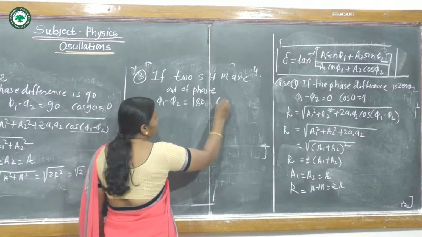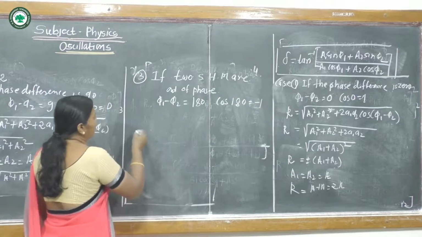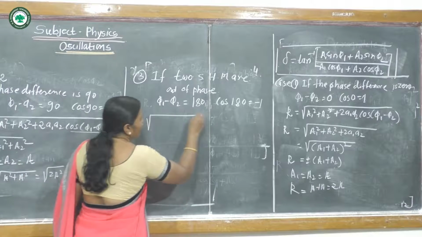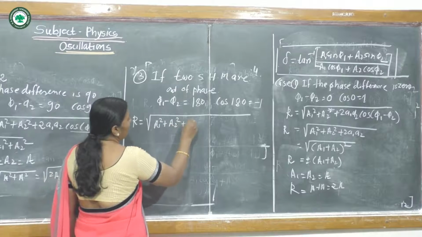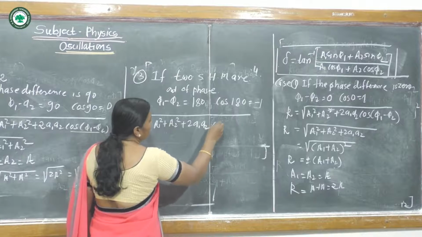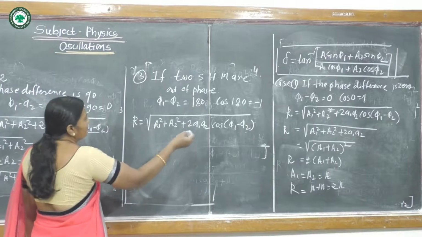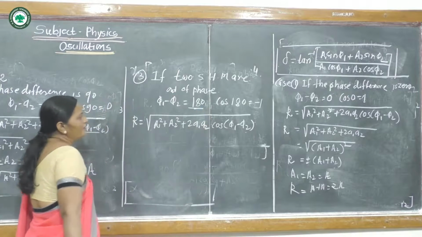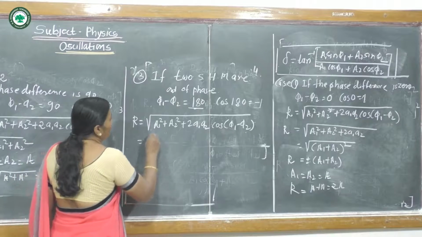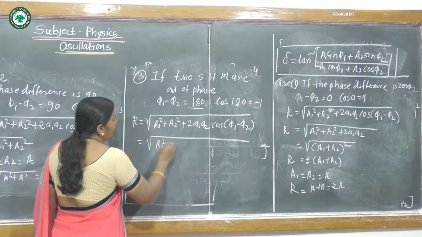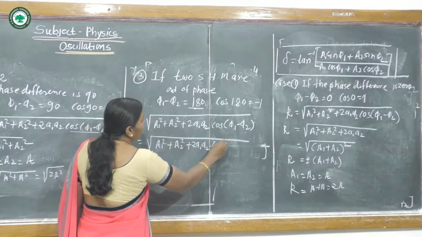Then cos 180 is equal to minus 1. The resultant amplitude is R is equal to under root A1 square plus A2 square plus 2A1 A2 cos of phi 1 minus phi 2. Substitute phi 1 minus phi 2 is 180 and cos 180 is minus 1. Therefore, we get A1 square plus A2 square plus 2A1 A2 into minus 1.